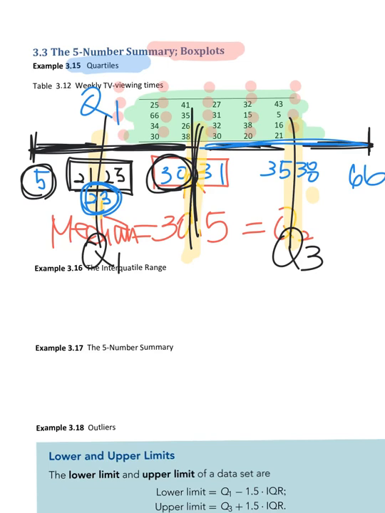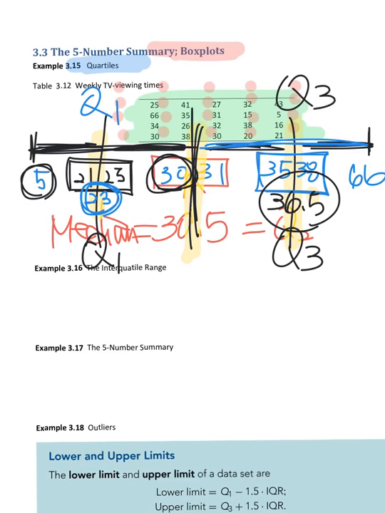Among the other 10, 5th and 6th again. Can you take the average? How much will be the average of 35 and 38? 36.5. Thank you. 36.5 will be Q3.